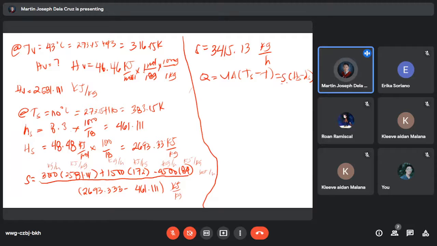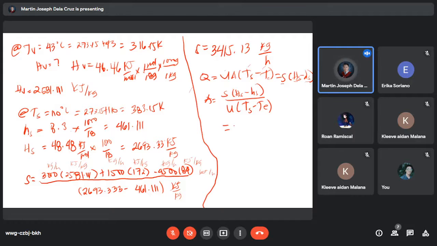Since we already have the steam, we have HS and the small letter hs, we have U, we have TS and the temperature of the evaporator, we can now get the area. So area is equal to S(HS minus hs) over U(TS minus TE).